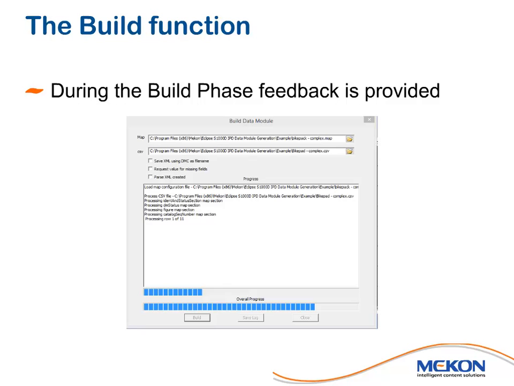So we're providing a reasonable level of feedback. There are two feedback charts there, one which gives you the overall process, and the other gives you individual sections. So you can comprehensively understand where things are. Not only do you have the progress bars, but you also have text being generated and inserted in the console window.